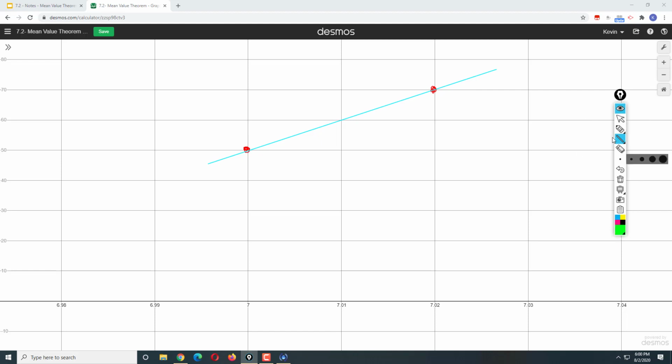As long as those lines pass through these 2 points, we're okay. But all of these lines have something in common. If the speed starts at 50 and it goes to 70, these lines are all continuous, right?